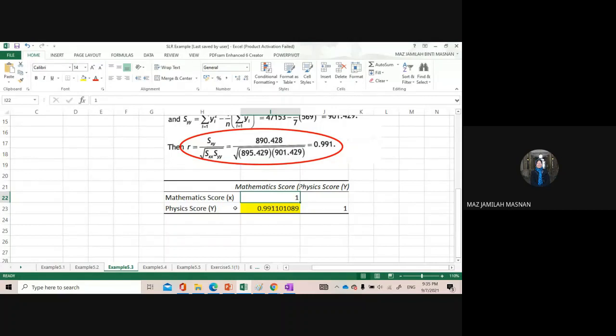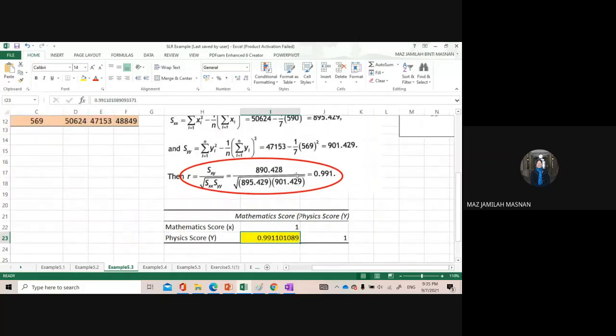So that's why physics and physics you will get one. We are not interested in this value, but we are interested in the yellow value. So we know that our sample correlation is 0.991, which is similar to your calculated R.